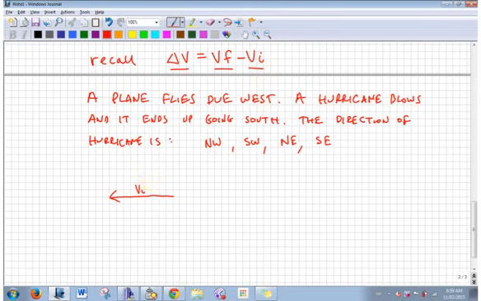So that's VI. It ends up, after the hurricane blows on it, a change happens, and it ends up going south. That's final. So just look at the formula. I know this, I know that, I'm trying to find this, right?